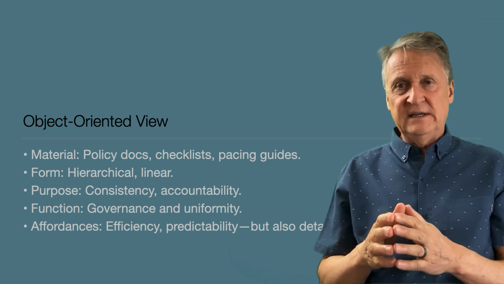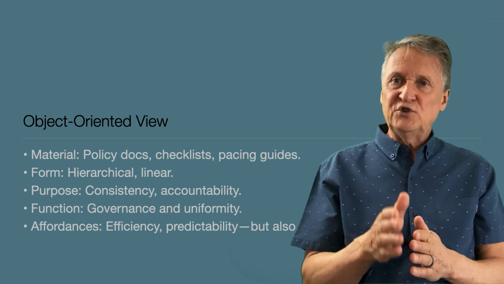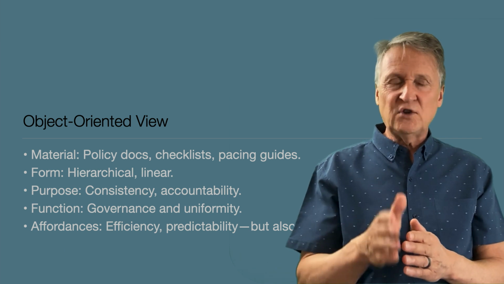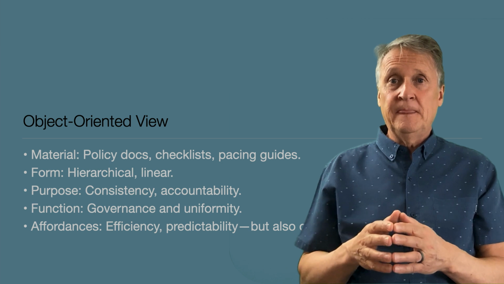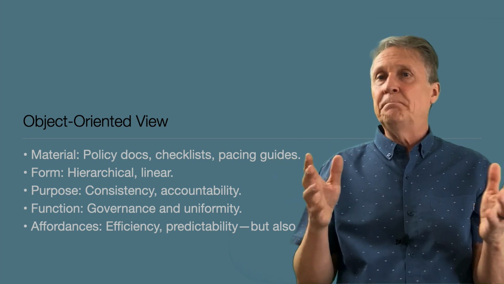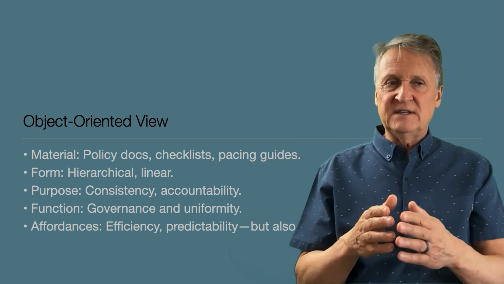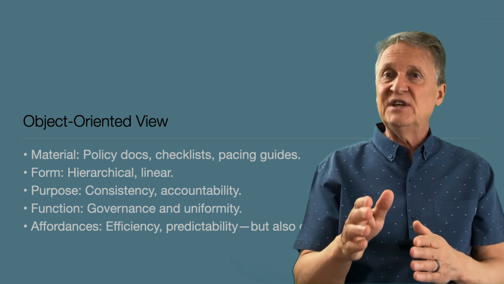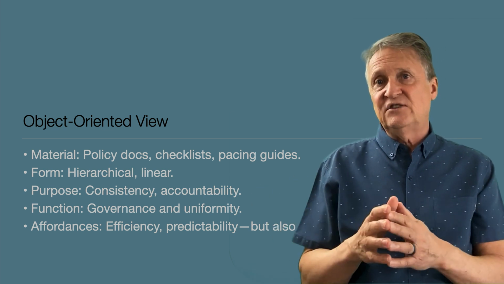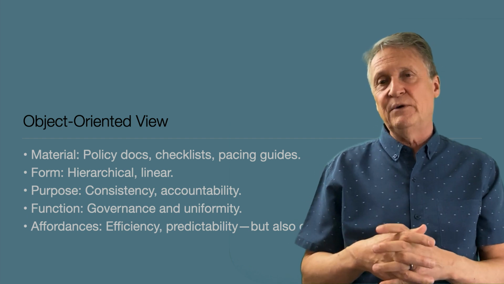The function is governance, to ensure uniformity in what is taught and tested. And the affordances? Large-scale comparability, efficiency, predictability, but also detachment, rigidity, and disconnection from students' lived experiences.